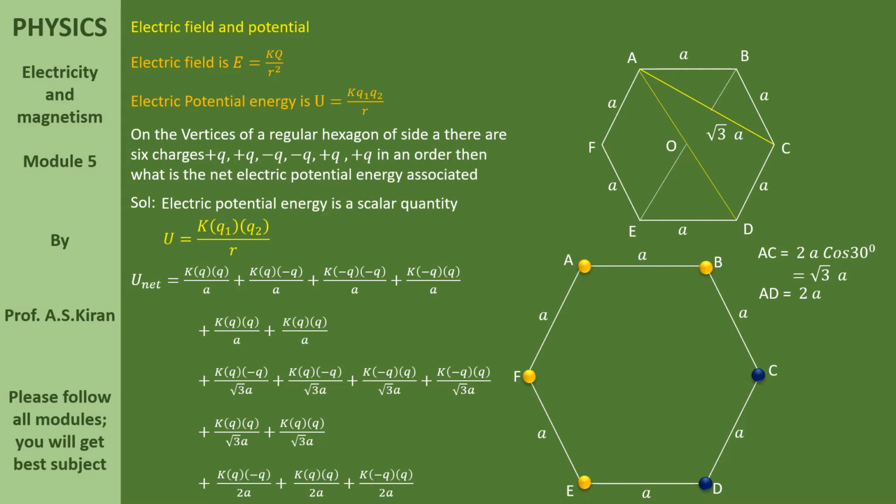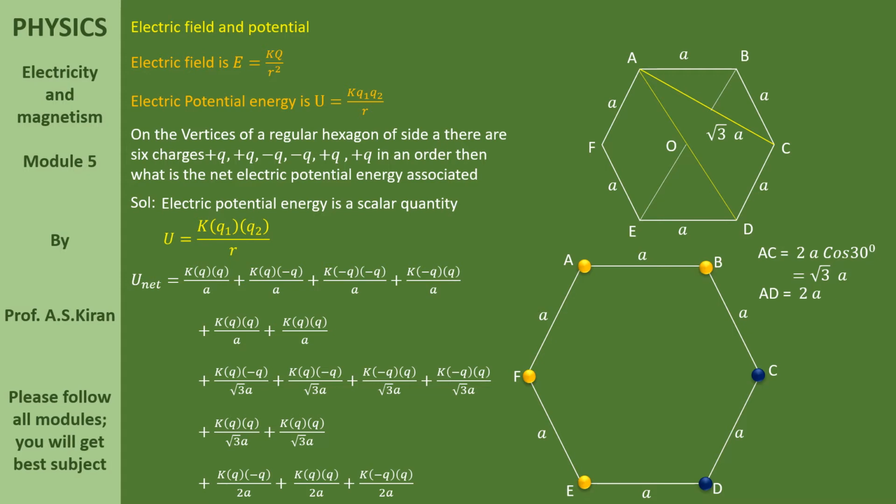Where does this root 3A come from? That is why I explained the hexagon properties. What is that side? Root 3A. In the formula U equals KQ1Q2 by R, in place of R, we are taking root 3A. Simple. That is KQ minus Q by root 3A for the pair AC.